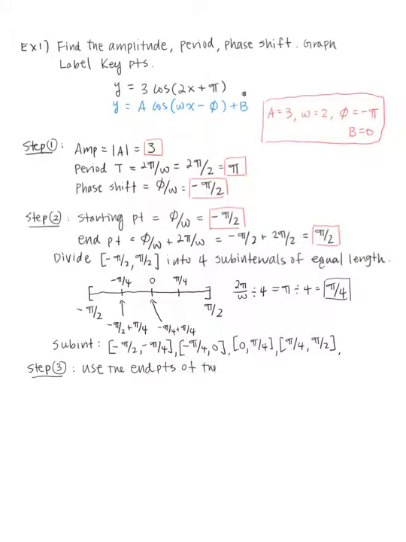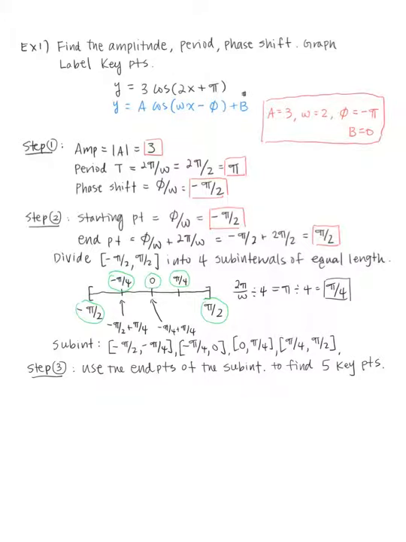Actually, if they want 5 key points, you need to compute the value at negative pi over 2, negative pi over 4, 0, pi over 4, and then pi over 2. Those are the 5 key points that they're looking for, I believe.